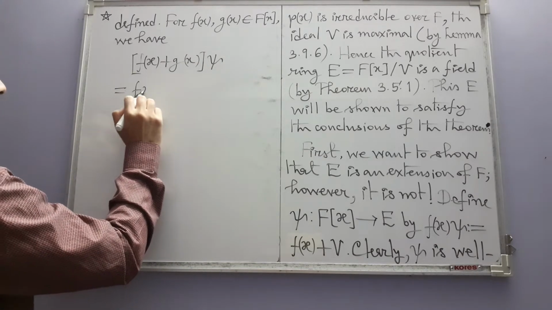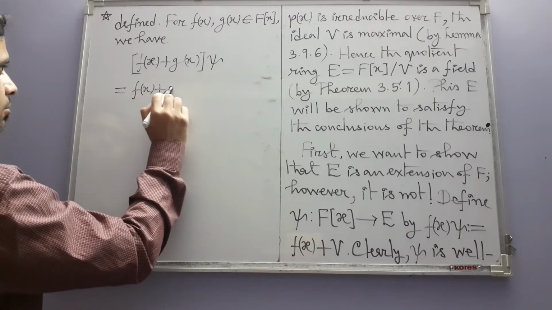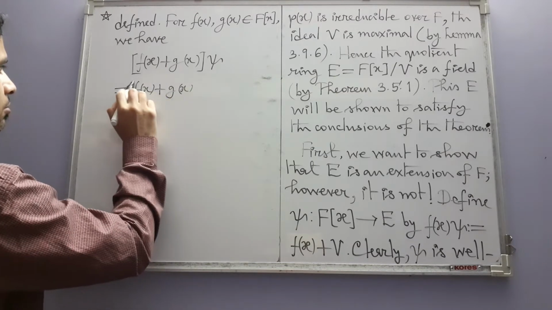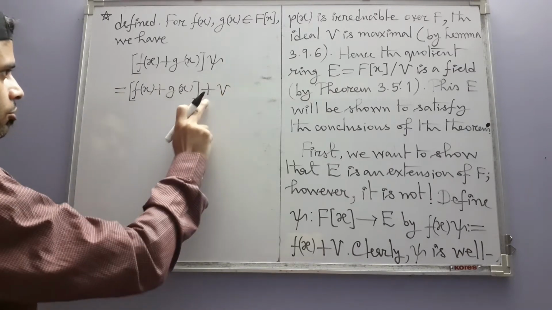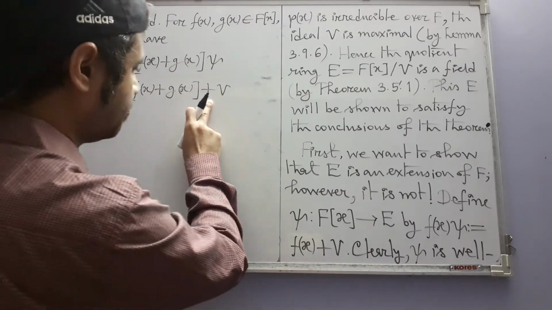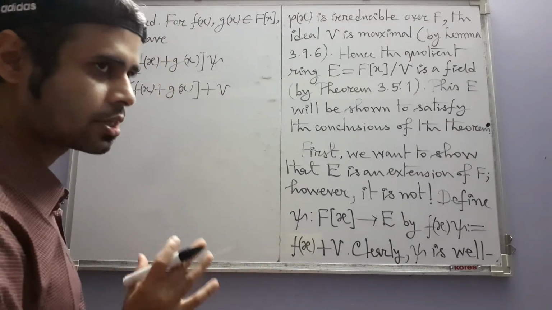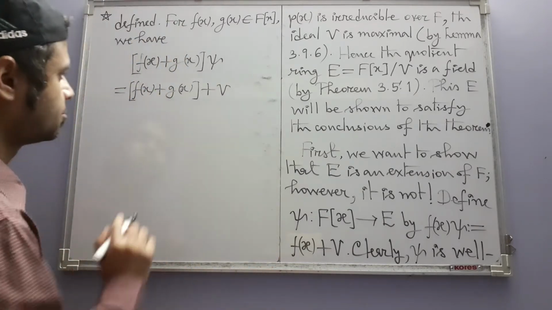This image is this coset. Don't forget to write this class, because that's how the cosets of this ideal look.